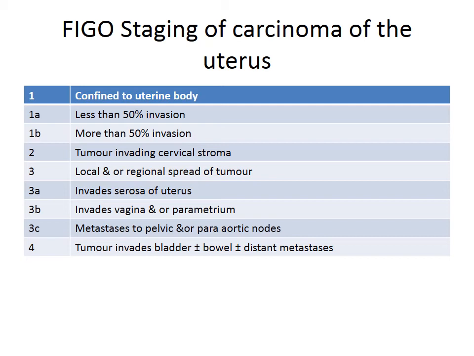As I said, stage 2 is when the tumor is invading the cervical stroma. Stage 3 is when there is a local and regional spread of the tumor. And this can be classified into 3A, when the serosa of the uterus is invaded or involved with the tumor. 3B, when the vagina is affected or invaded with the tumor and or there is parametrial extension of the disease. 3C, when there is metastasis to the pelvic and or para-aortic nodes.